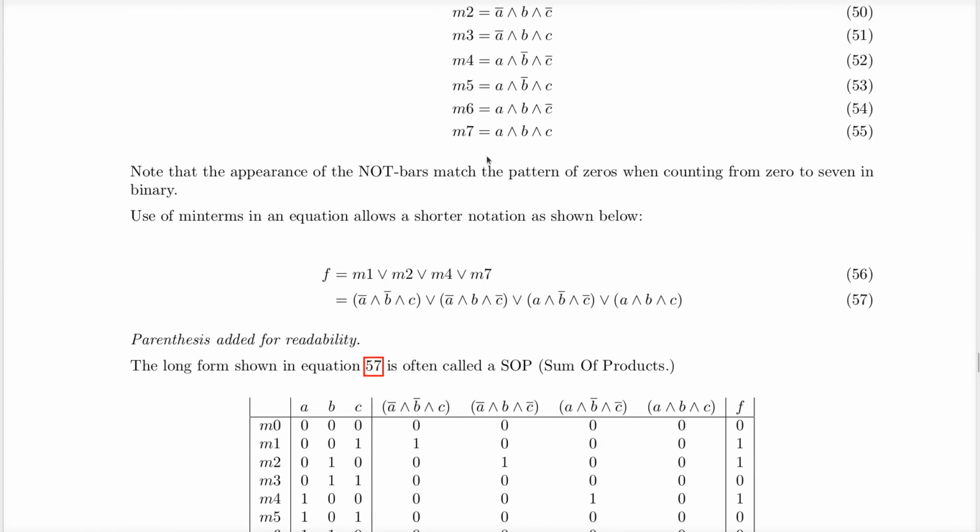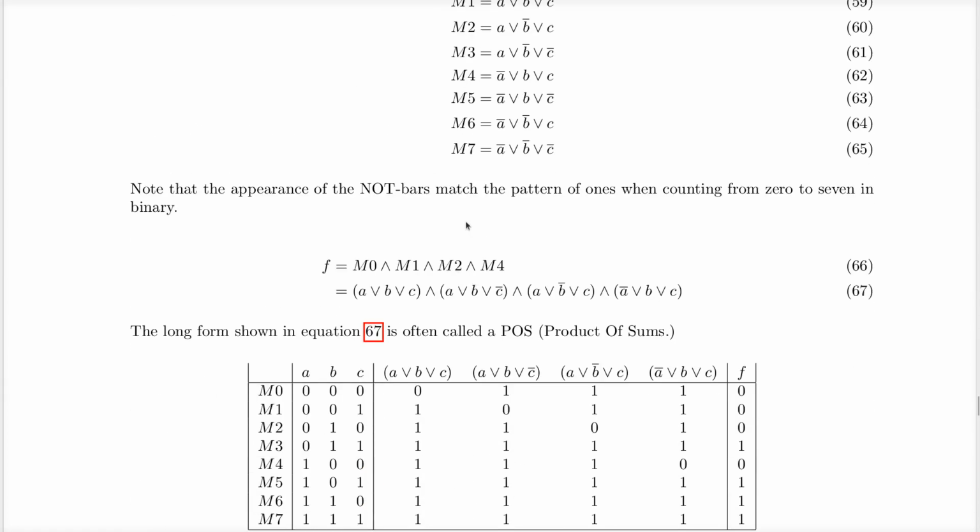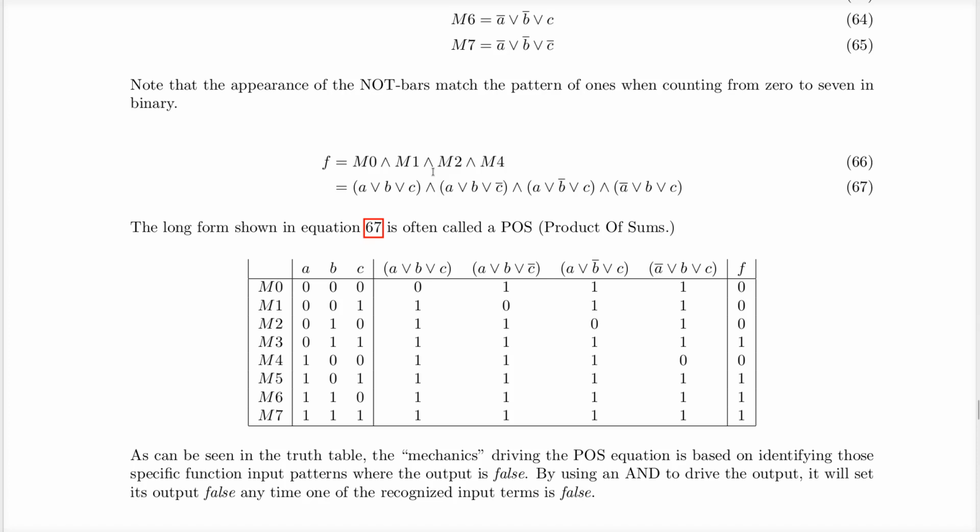Again, look up here. These little m's are all ANDed together internally, and then they're ORed together externally in this expression up here. And I'm just reversing everything, which is literally what's going on with De Morgan's Theorem. You can just see it waiting in the wings to pop out at you and surprise you.